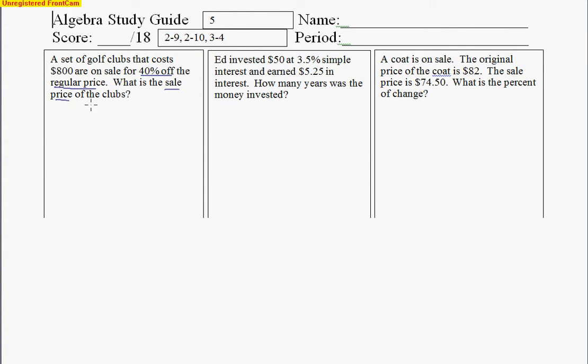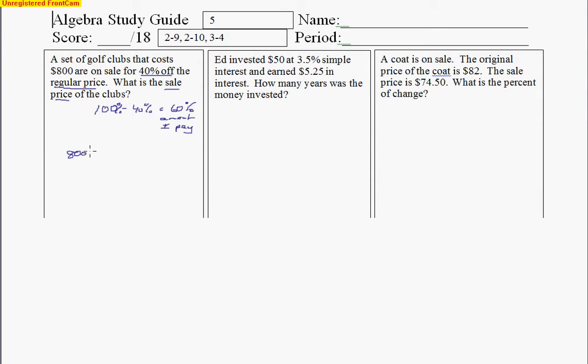What I like to do is the subtraction of the percentages. Find out what percentage am I going to end up paying. So I'm going to take 40% away from 100%, and that's going to tell me how much I'm going to end up paying. So 60% is the amount I pay, and from there I can find out what that cost is going to be.